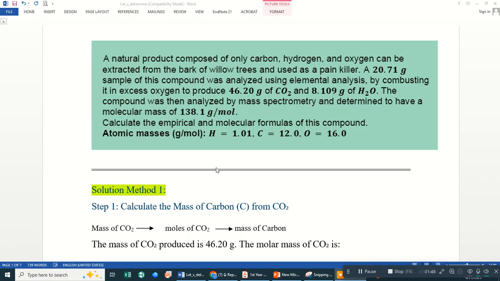First of all, find the number of moles of elements in the compound, like carbon, hydrogen and oxygen, then find the molar ratio, and then find the simplest whole number ratio. That will be the empirical formula. If the answer is in fractions, we convert the fractional answer into whole numbers. Let's go, we calculate this problem step by step.